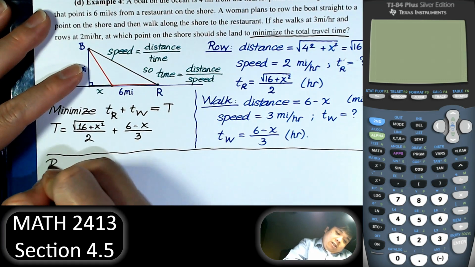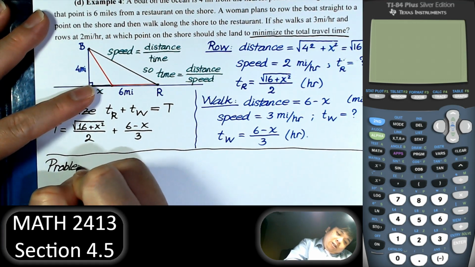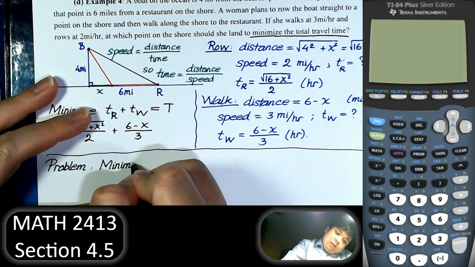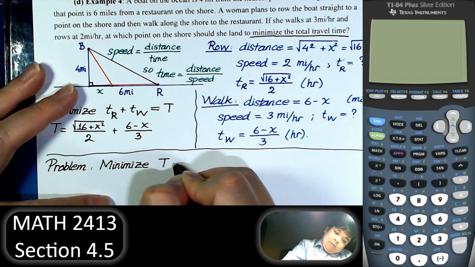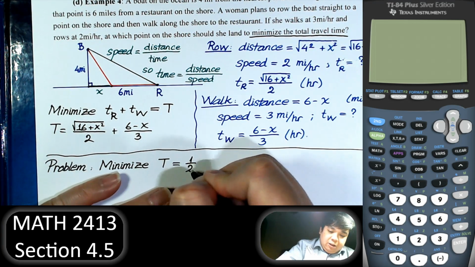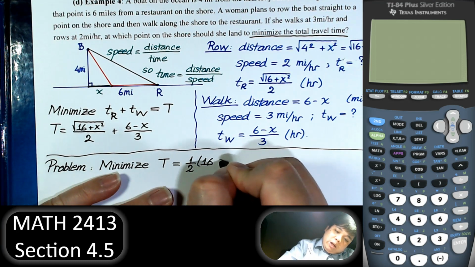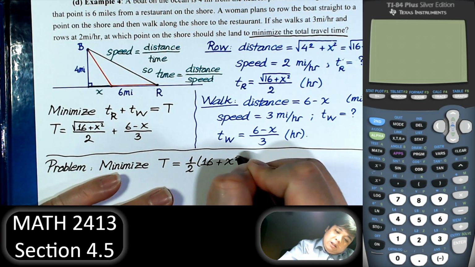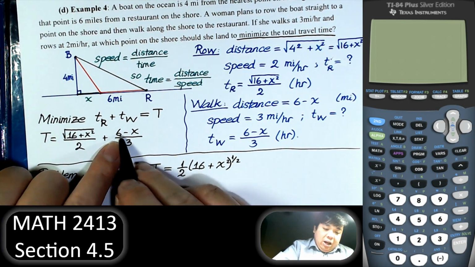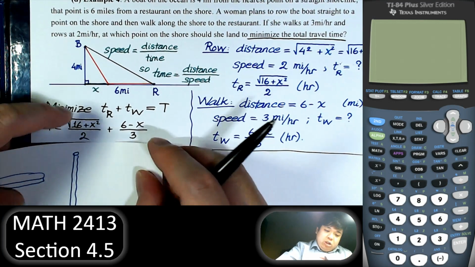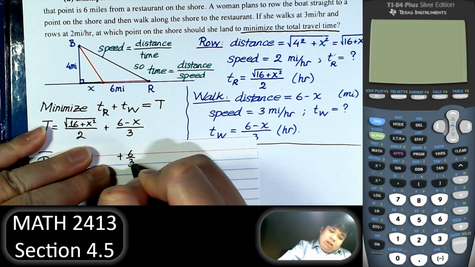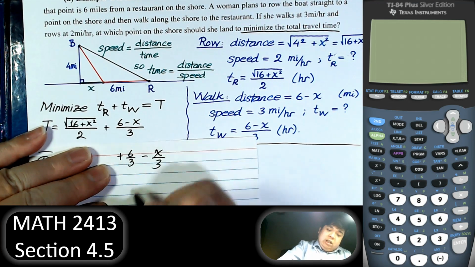So our problem is to minimize this. I will rewrite this as 1/2 times 16 plus x squared to the 1/2, that is square root. And then I'll split this. If we split this, we have plus 6 over 3 minus x over 3.